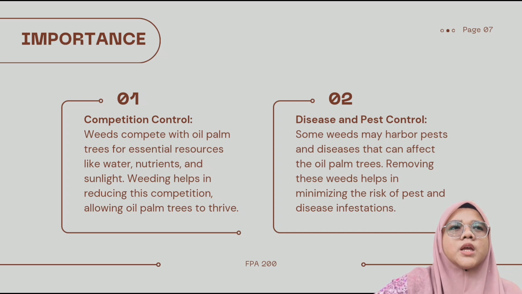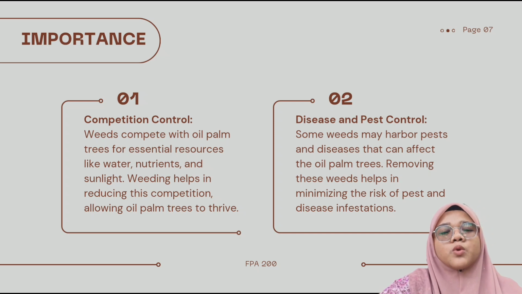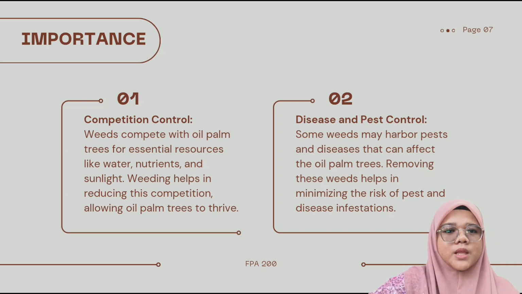We didn't make sure the oil palm receives enough essential resources like sunlight, water, and nutrients, because they need to compete with other plants. So if we do weeding, we can control the competition between the oil palm trees and unwanted plants, and we can ensure good quality and optimal growth of the oil palm.